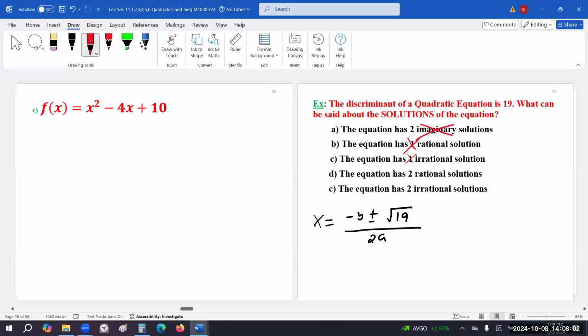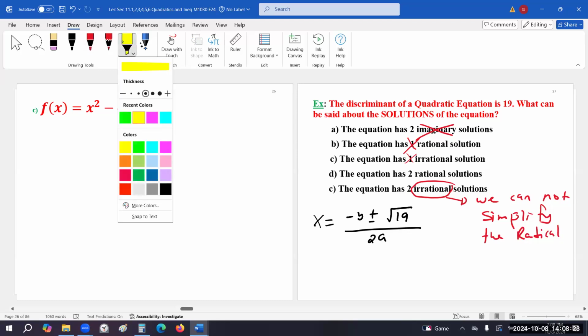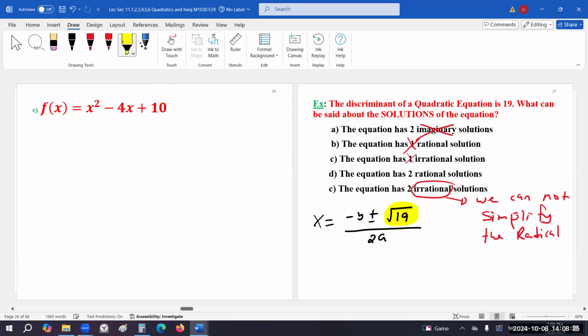What is irrational? It would be like the square root of 2, something like that. Irrational means we cannot simplify the radical. In other words, observe this. Do we know what the square root of 19 is?